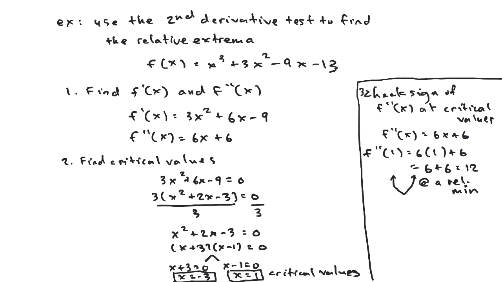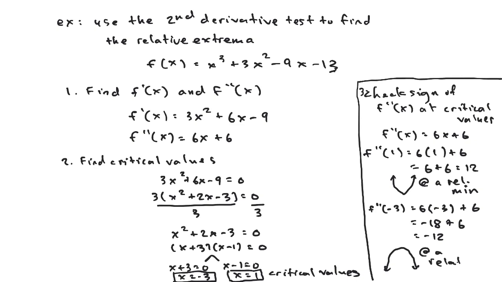And then I'm also going to check f double prime at negative 3. And that's 6 times negative 3 plus 6, which is negative 18 plus 6, which is equal to negative 12. So that means that at x equals negative 3, my graph is concave down because the second derivative is negative. So that means that I'm at a relative max.